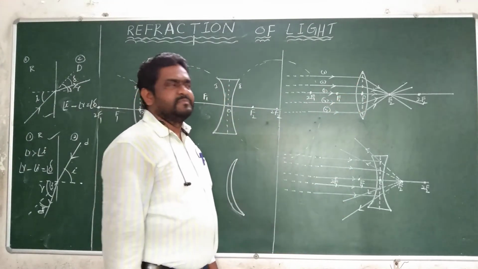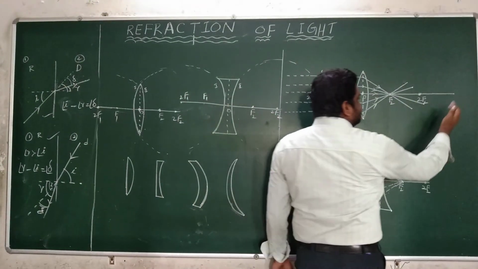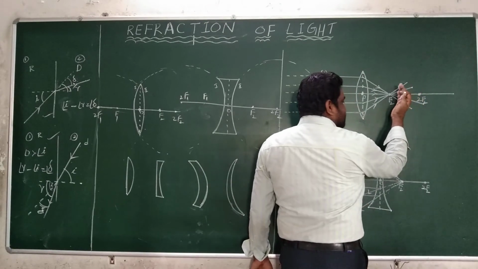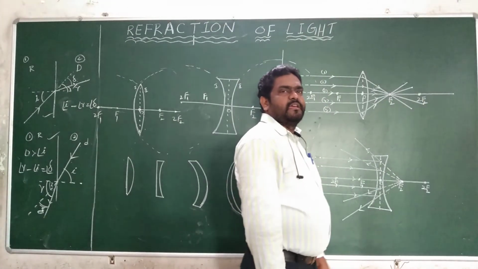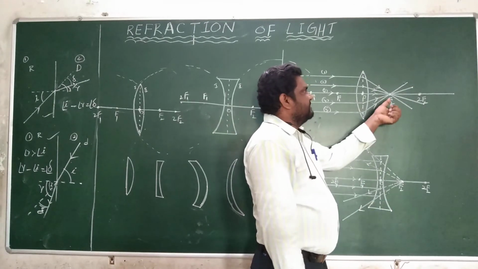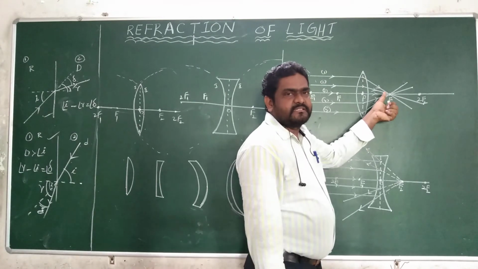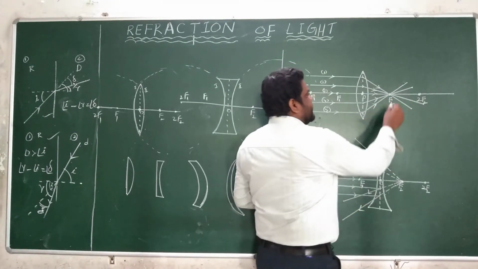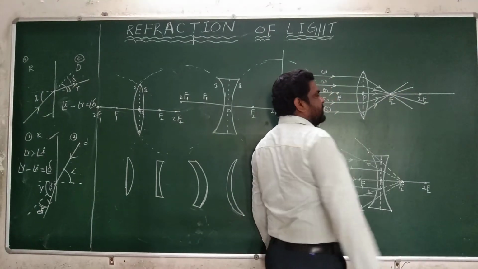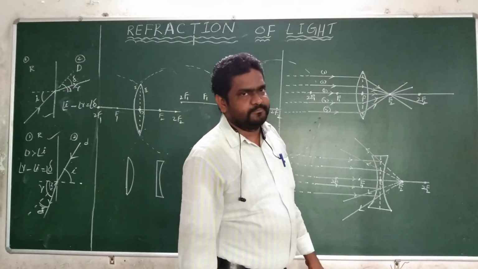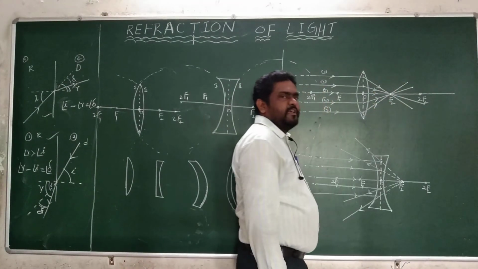On this side we keep a screen. When the screen is moved towards the lens, at the position where we get a clear image of the object, the screen is fixed. The image of the object is formed here.